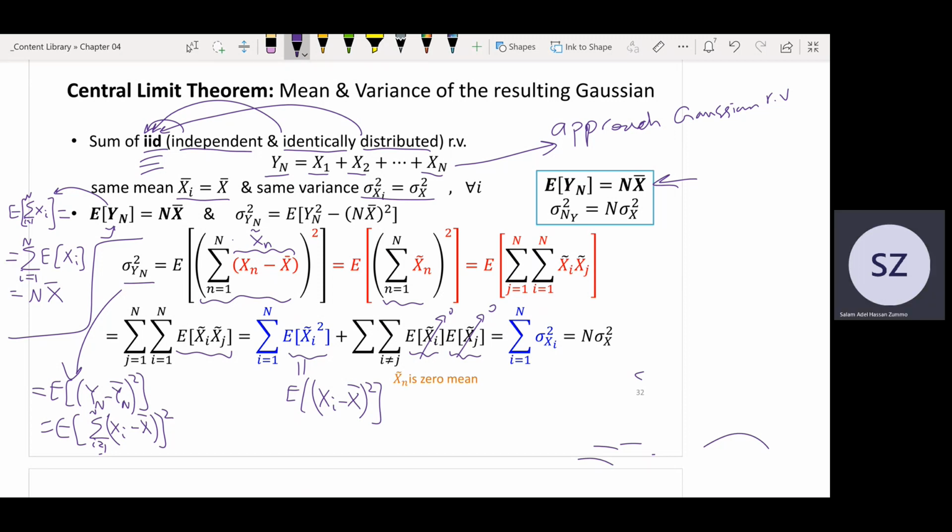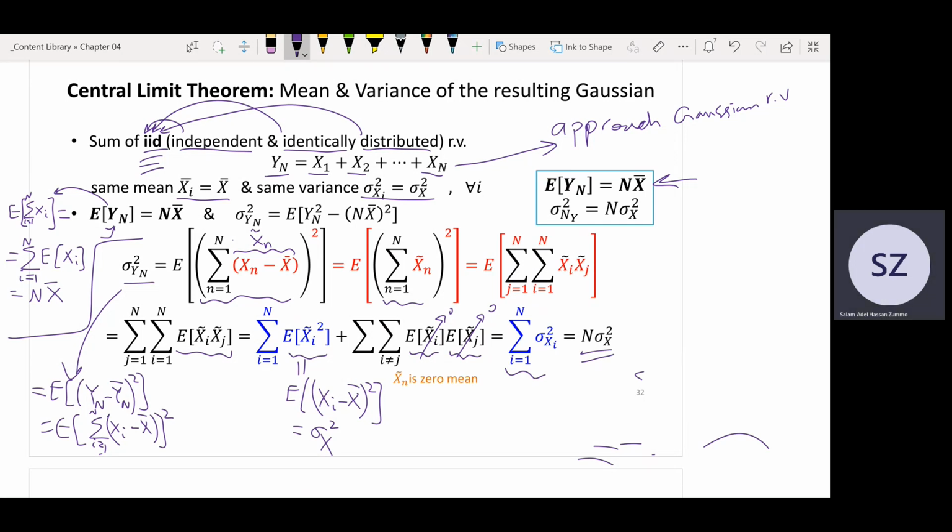This is equal to sigma squared. Basically, this is sigma xi squared or sigma squared, because they are the same. So we have here the summation of sigma xi squared, which is n sigma x squared, because they already have the same values.